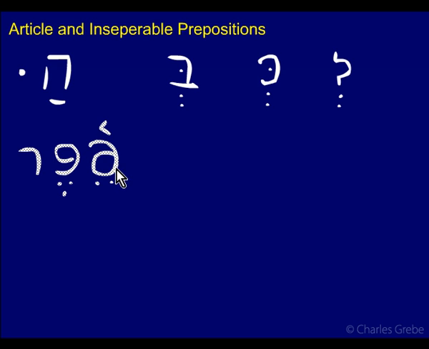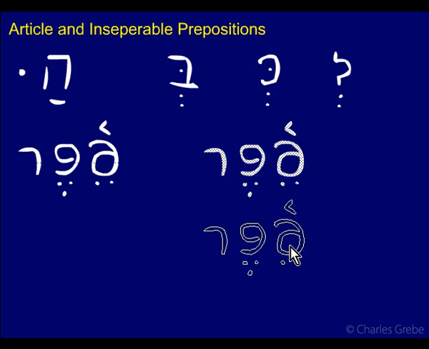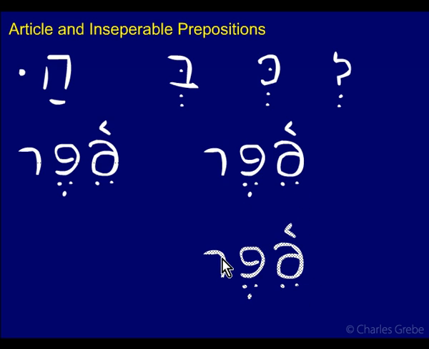So let's move this over about here and down. And let's do one more over here. And let's also change our color. Go with green. Okay, here we have a word sefer, meaning book, without the article or the inseparable prepositions. There's nothing on it. Indefinite, a book or book.